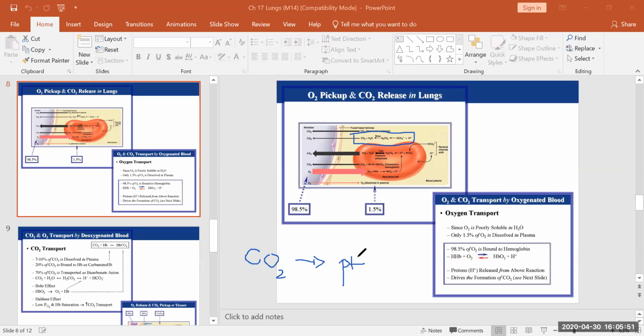This is a very important concept. If CO2 increases, pH drops, and vice versa. If CO2 decreases, pH increases.